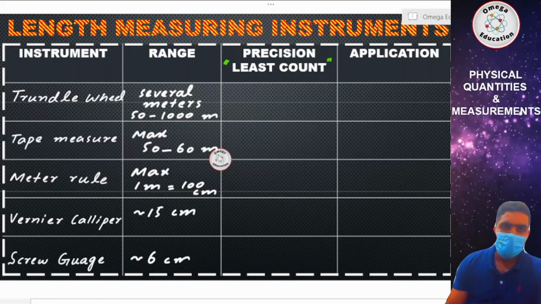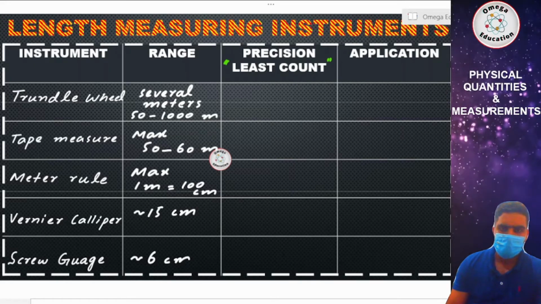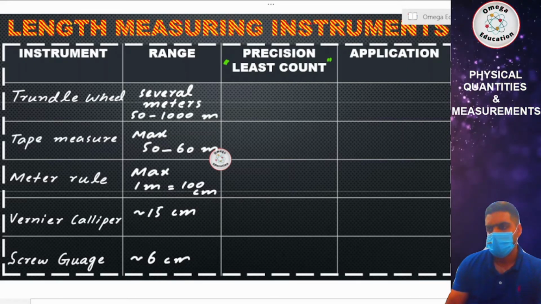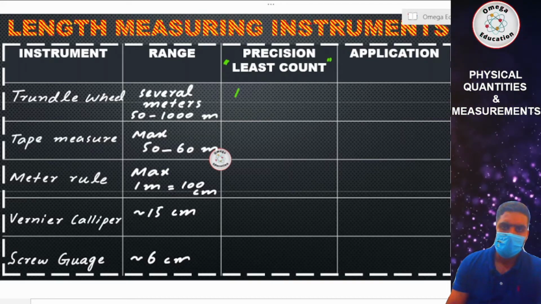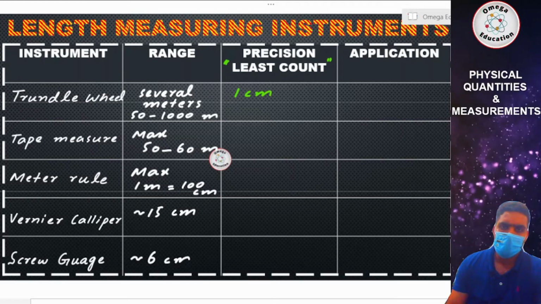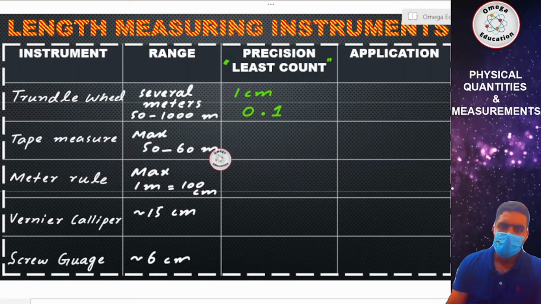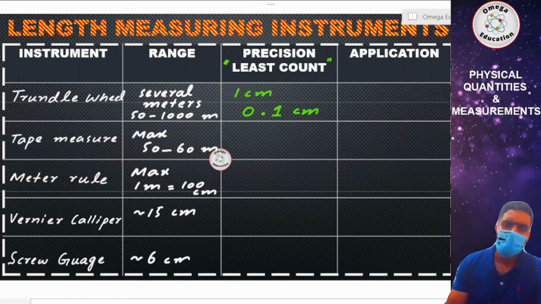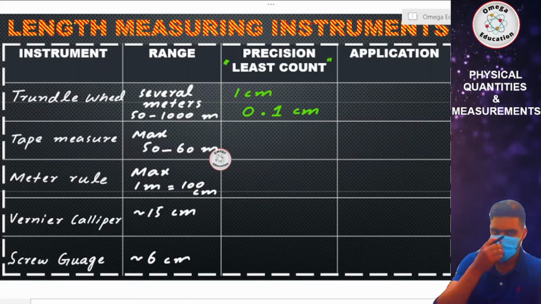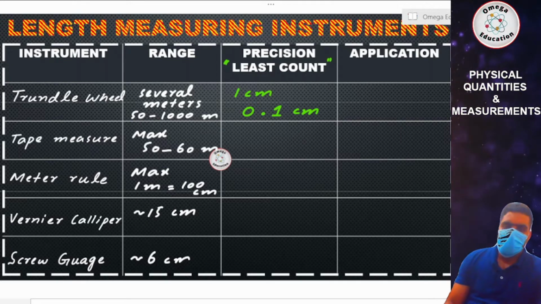If we talk about the trundle wheel, its precision or least count is, for some trundle wheels, 1 centimeter, and for some of them it is 0.1 centimeter. So 1 centimeter or 1 millimeter, you can call it that way.